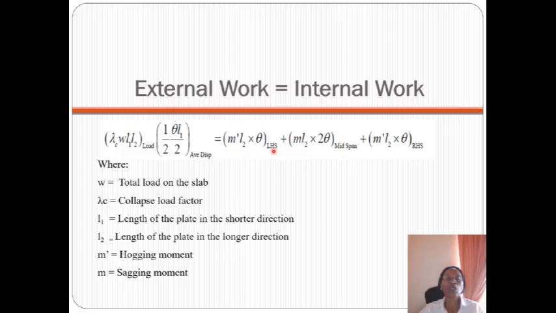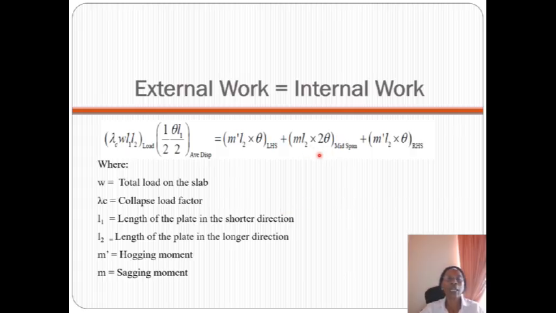There will be a rotation on the left-hand side, a rotation at midspan, and also a rotation on the right-hand side. You can see M dash, the hogging moments, will be applied at the left-hand side and at the right-hand side. And of course, the sagging moment, M, will be at the midspan.